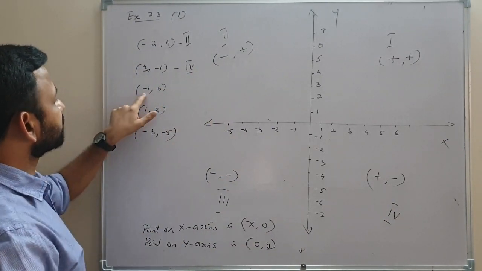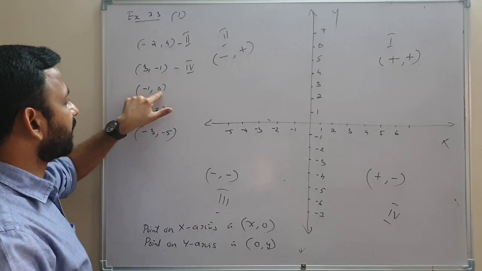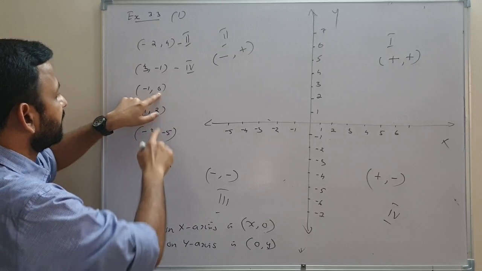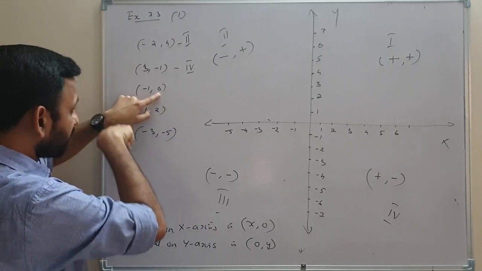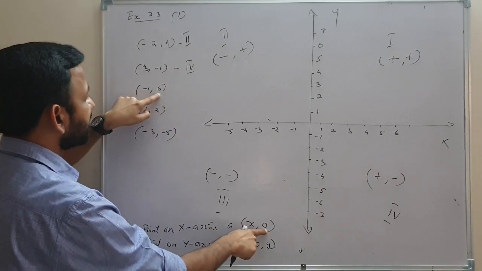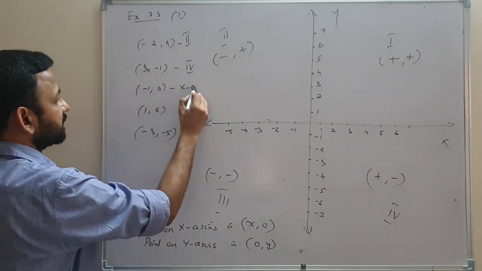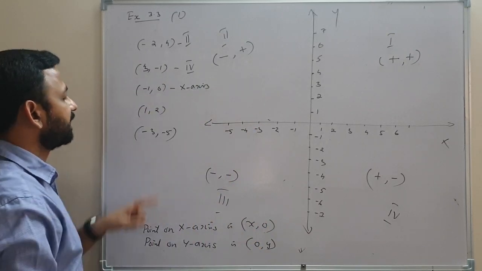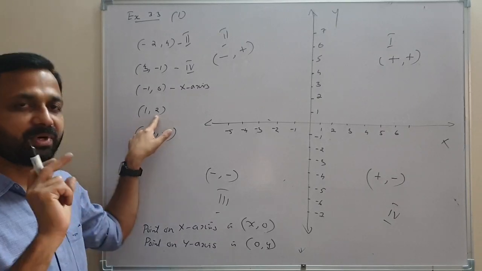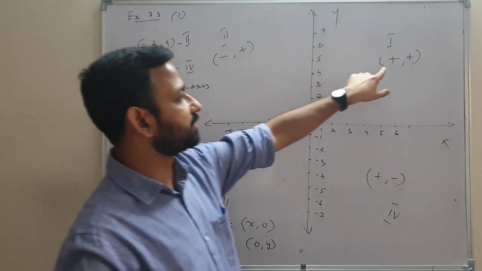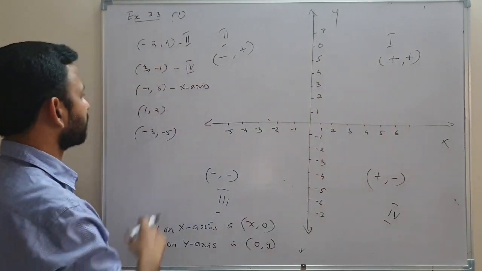Then (-1, 0): the y coordinate is 0, so this is not a point from any quadrant; it is a point on the x-axis. Then (1, 2): both are positive, so it is from the first quadrant.